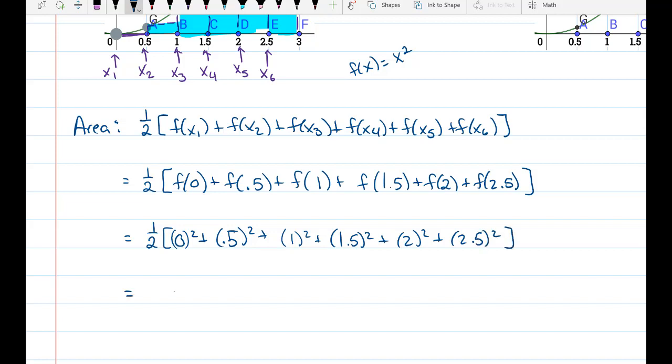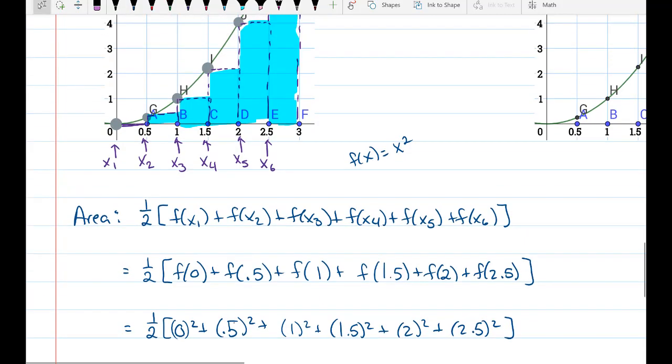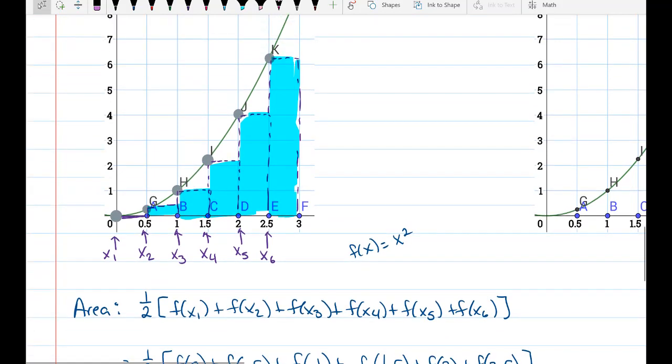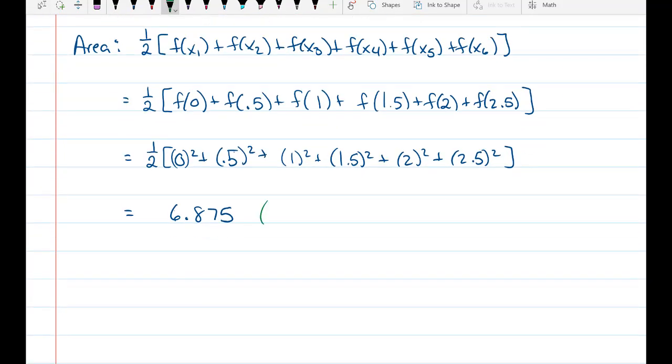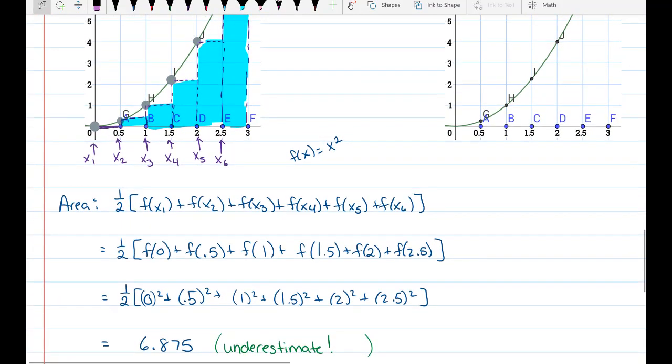And you work that out and you're going to get 6.875. Now let me ask you, do you think that's an overestimate or an underestimate just by looking at the areas? It is an underestimate.